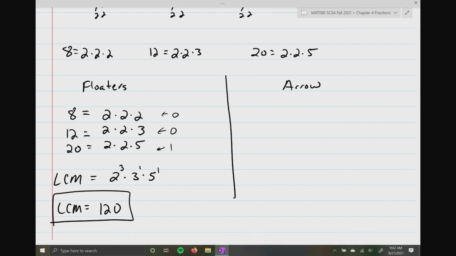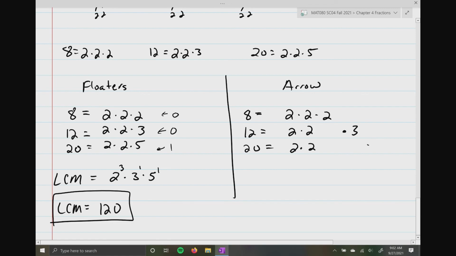All right. Now, here's the arrow method. You got to space it out. So 8, 2 times 2 times 2, 12, 2 times 2 times 3, and then 20, 2 times 2 times 5. So you put the 5 all the way on the end. Now the LCM, draw arrows straight down.